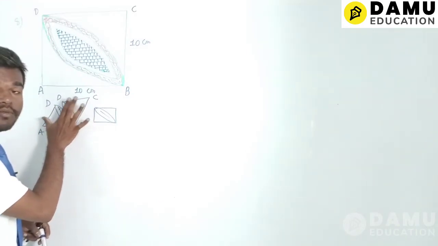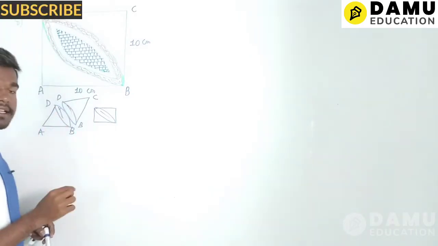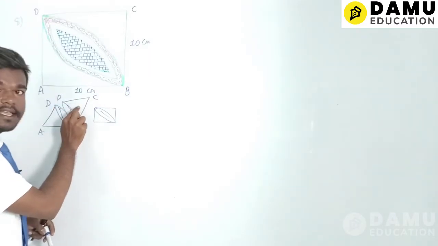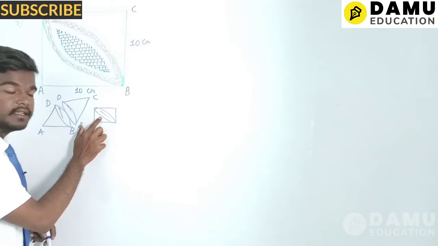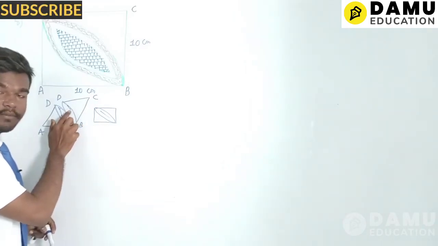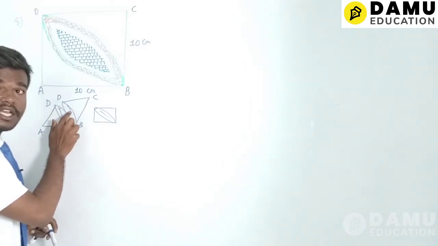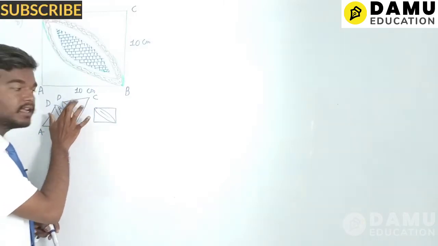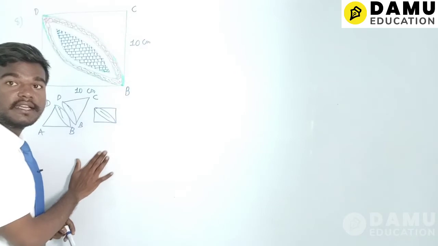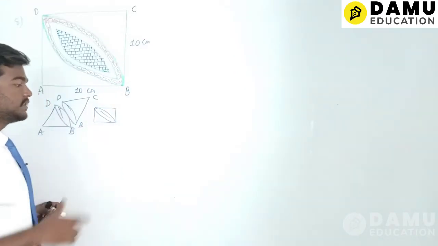So if you calculate this area and this area, add both areas, and subtract the area of the square, then we will get the extra portion, which is the required designed region.